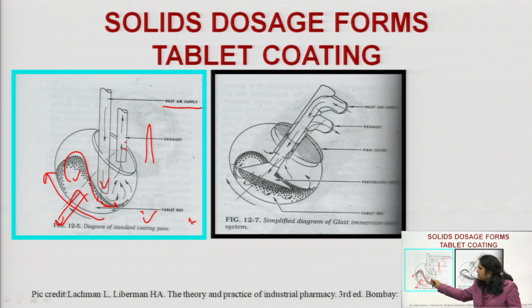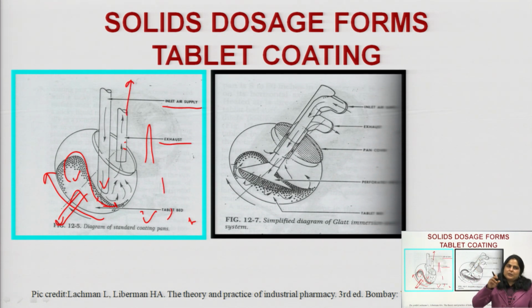And this air, which is now lower in temperature and high in moisture content, goes out from this exhaust pipe. So, this was the most primitive pan used for tablet coating.